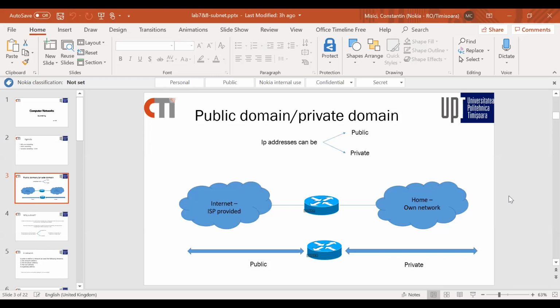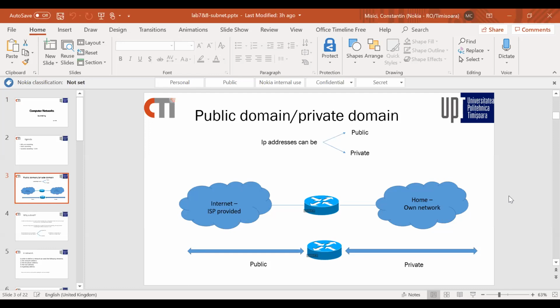And on the right side, we have the private domain. You can associate it with whatever happens inside your own home, from the router that brings the fiber optic or coaxial cable, or whatever way the internet comes into your home.